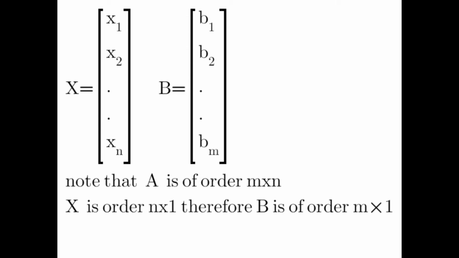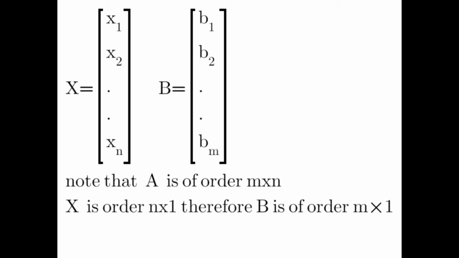Here big X is called the column matrix or column vector, and x1, x2, xn are unknowns whose values are to be determined such that the values satisfy the equations. B is b1, b2, bm. B is called the constant matrix.